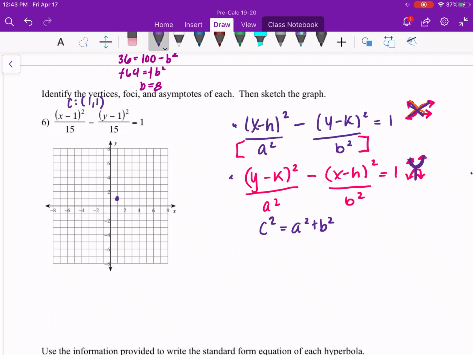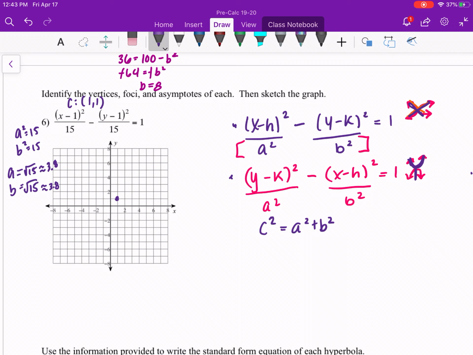Now from there, A is always the first denominator, so A squared is 15. B squared is 15, which means A and B are both the square root of 15. For plotting that on a graph, you can just type the square root of 15 into your calculator. It doesn't simplify, and so it's about 3.8.